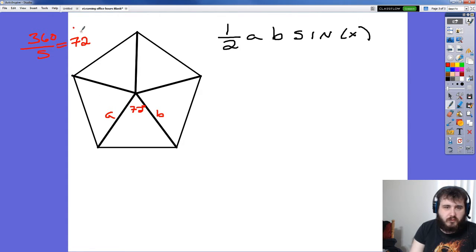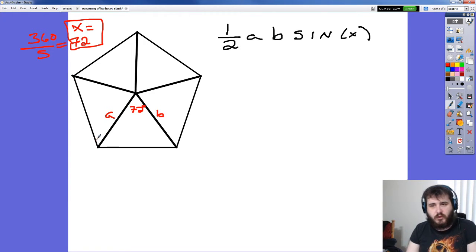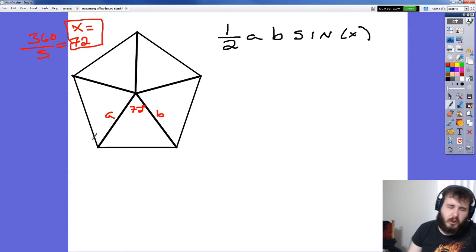This is X. So that's step 1 done. All we need to do is figure out what A and B are, and luckily A and B are the same thing, so we don't actually have to do all that much in terms of work.